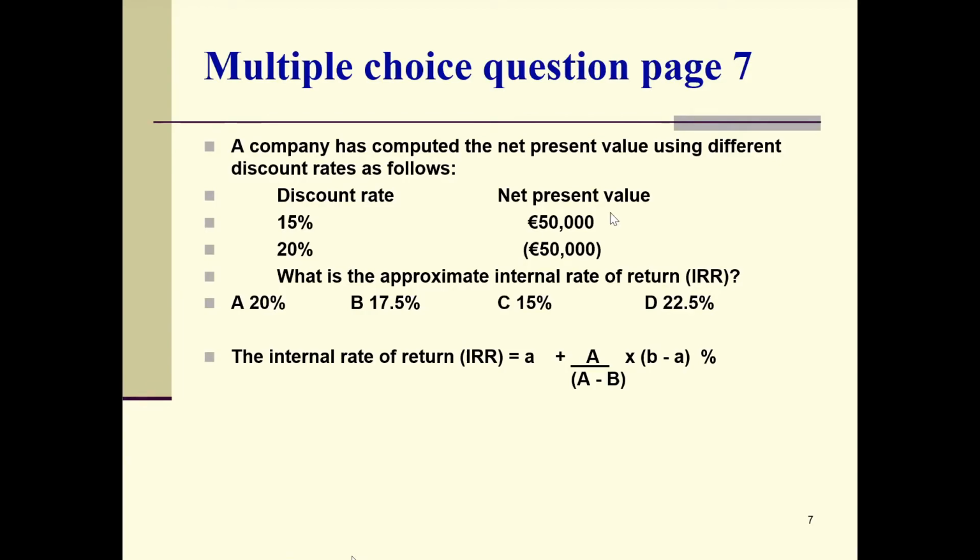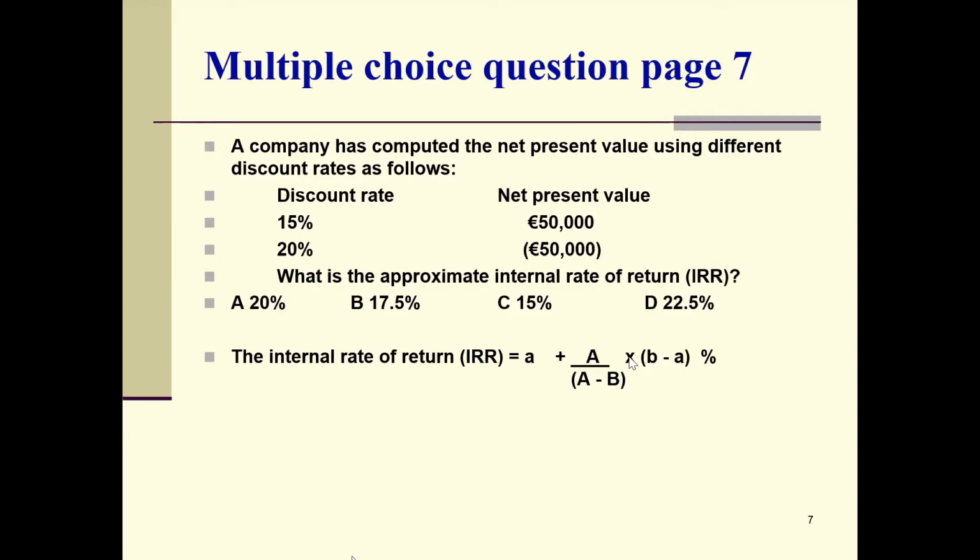What's interesting about this one, well, not that interesting, but basically the magnitude of the NPVs are identical. You're 50,000 plus at 15 and 50,000 negative at 20. So intuitively, you'd be kind of saying, well, it's kind of halfway between the two, in around 17.5%. But anyway, to go through the process, if you have mad numbers and it's not as easy looking as this, it's between the 15 and the 20.